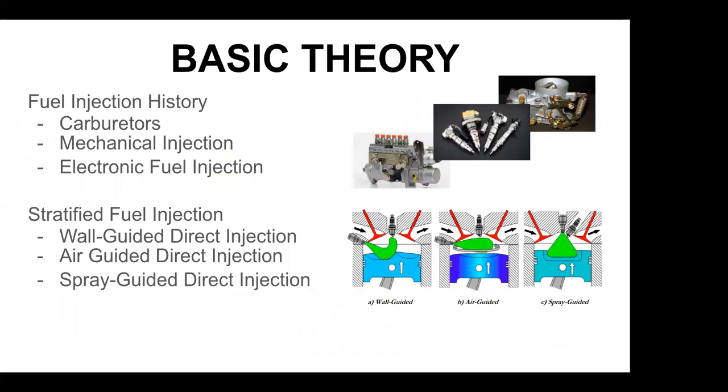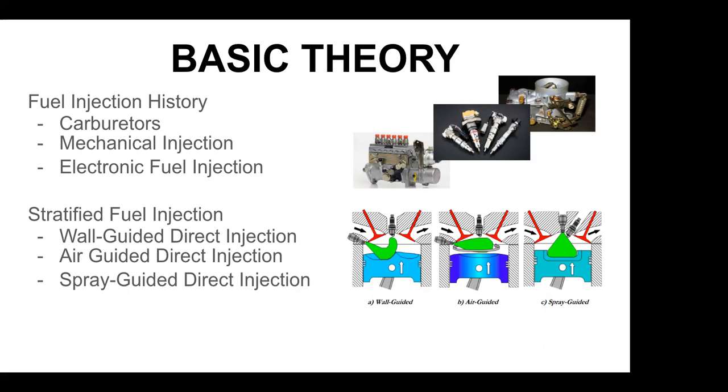Before jumping into direct injection, otherwise named fuel stratified injection, we have a little bit of history of fuel injection. One of the earliest forms of injecting fuel into the combustion chamber was using carburetors, which used the Venturi effect.